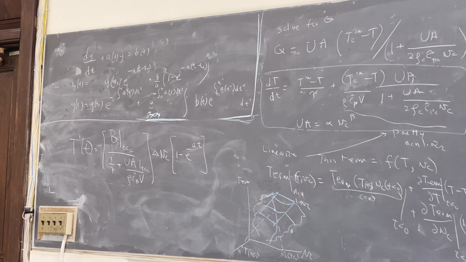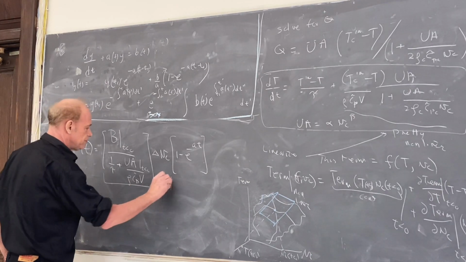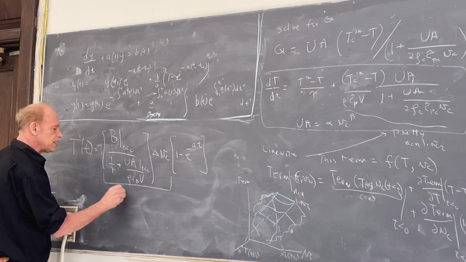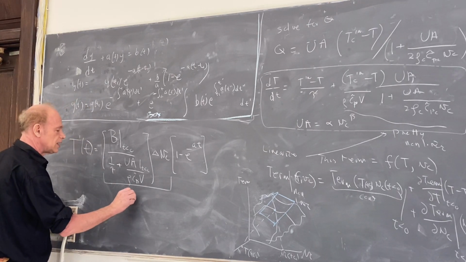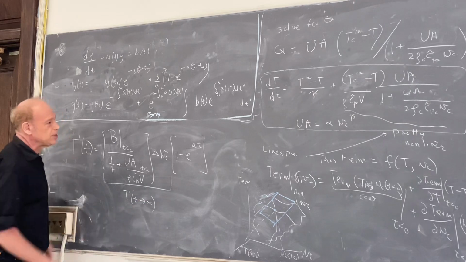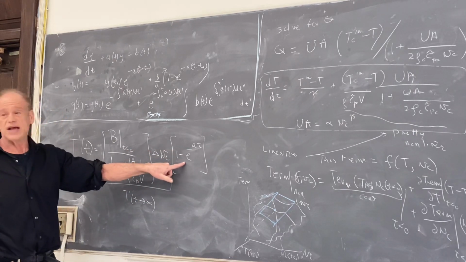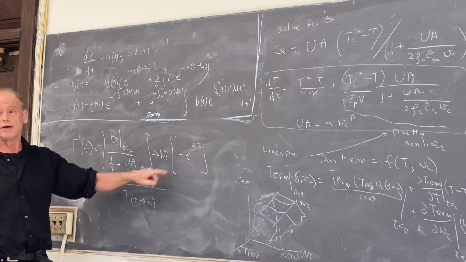So there's the solution. And what we noted was this product here is the limit, it's T prime as t goes to infinity. Because as t goes to infinity, the exponential is 0, I'm just multiplying by 1.